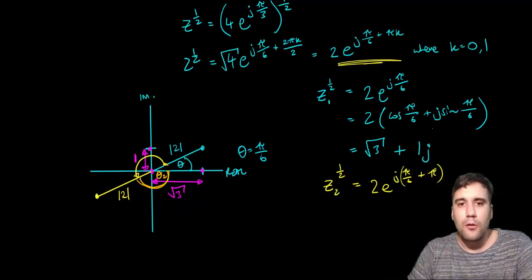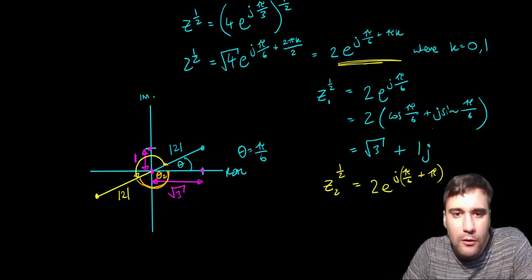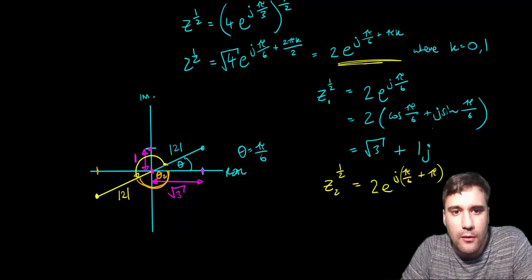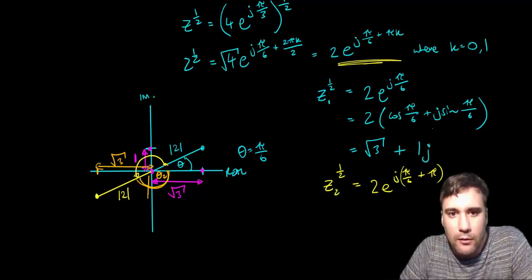Okay, so that's interesting. What we're going to get is something out here, and hopefully you can see that this length here is going to be root 3, and then this length here is going to be 1.